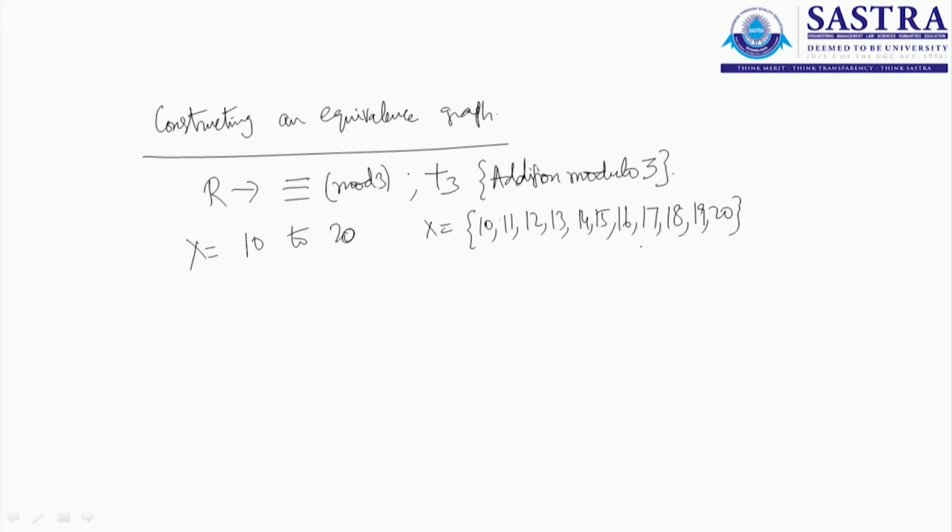You can see that it has 11 elements: 3 plus 3, 6 plus 4, 10 plus 1, 11. I can see that (X, R), where R is defined as addition modulo 3, is an equivalence relation.